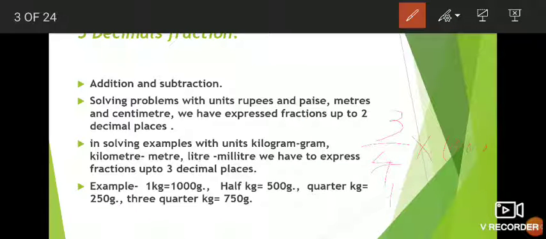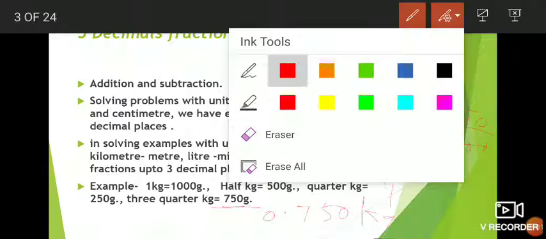Okay, 4 ones are 4, 4 twos are 8, how much remains? 2. 4 5s are 20 and 4 zeros are 0. 3 into 250, it will come 750 grams. Okay, so we can say that 3/4 kg is equal to 750 gram, means 0.750 kg. It is 0.750 kg.